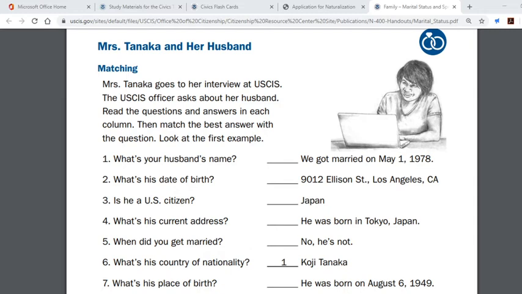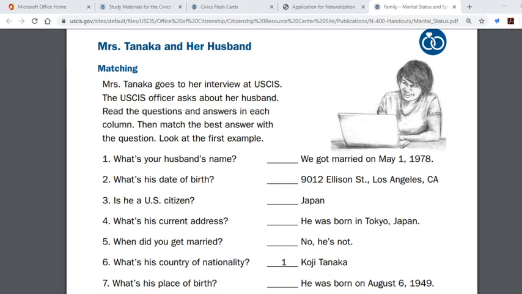For example, let's do number 1. Mrs. Tanaka and her husband. Number 1. What's your husband's name? You can see number 1 marked there, Koji Tanaka. So please read the story and match the numbers with the answers to the questions.